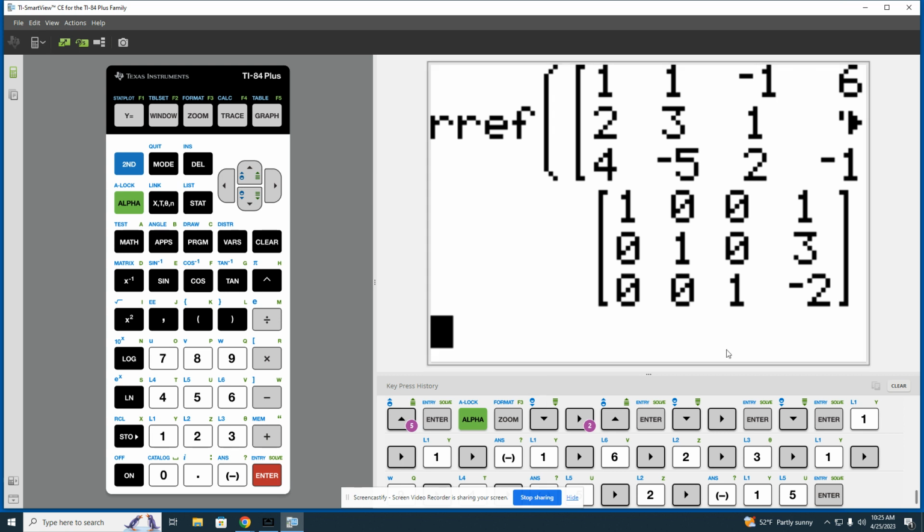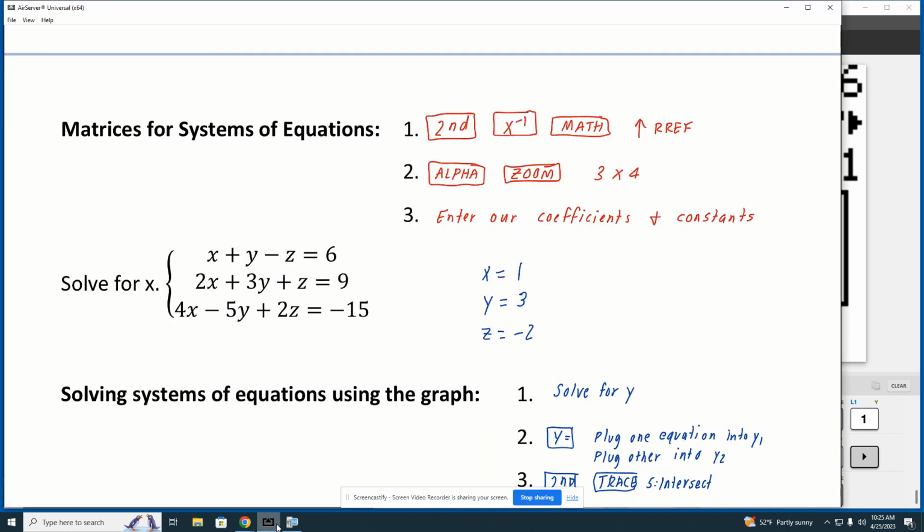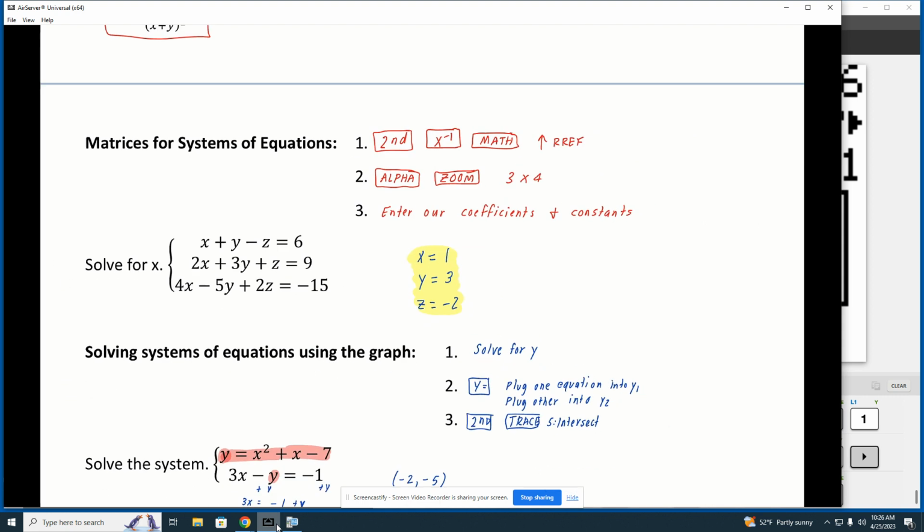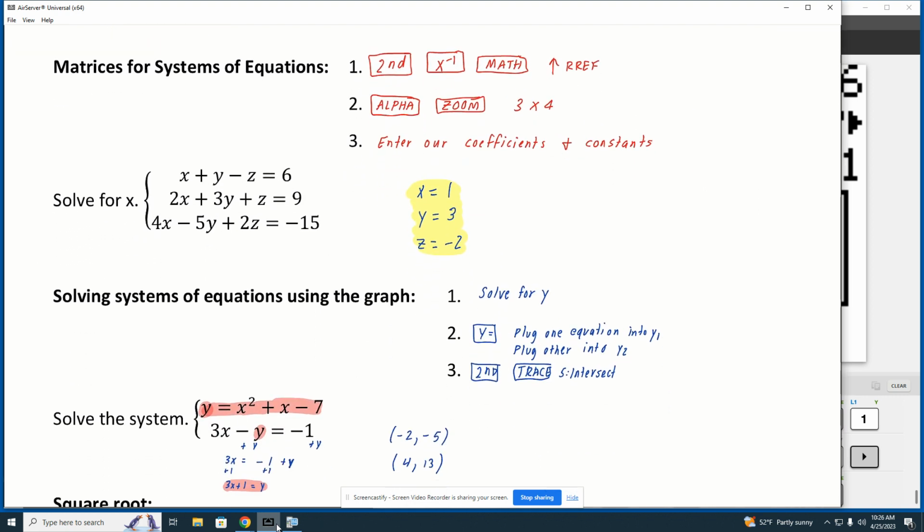There's my solutions. So no matter what they ask me about, those are my solutions to that system of equations. If y'all can remember that, I can guarantee you that's going to be a couple problems that you really don't even have to think hard on to come up with the solutions. So there you have it.